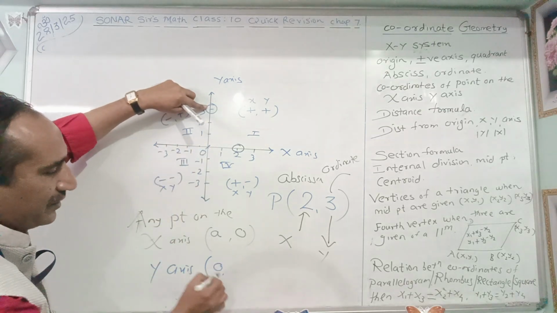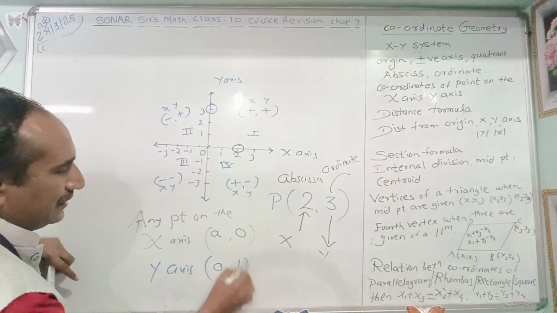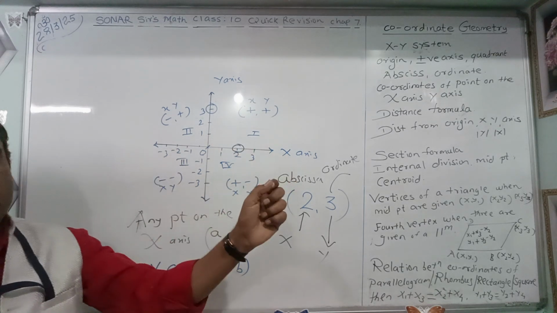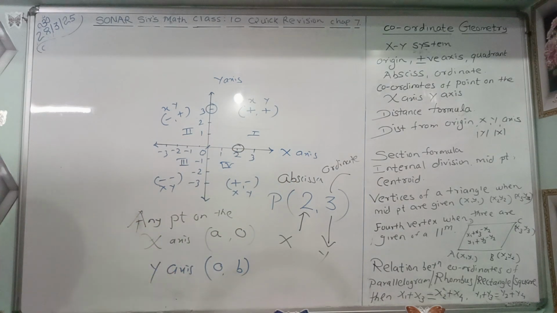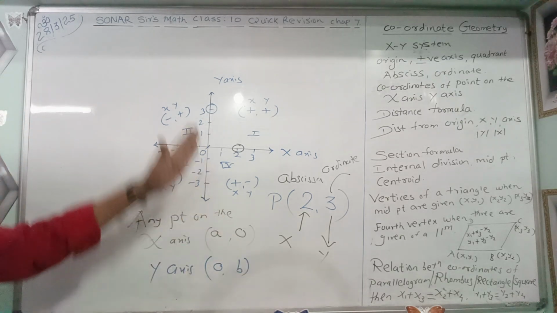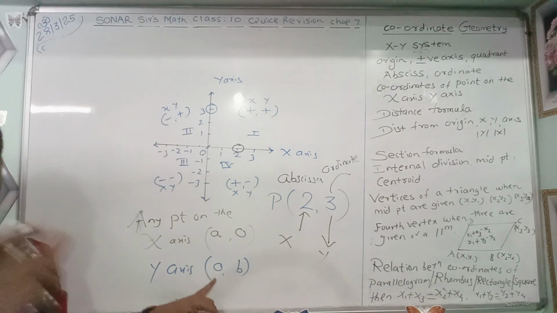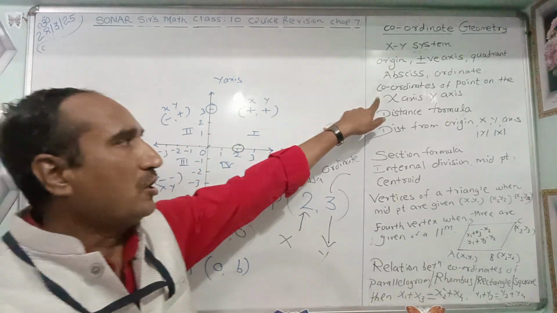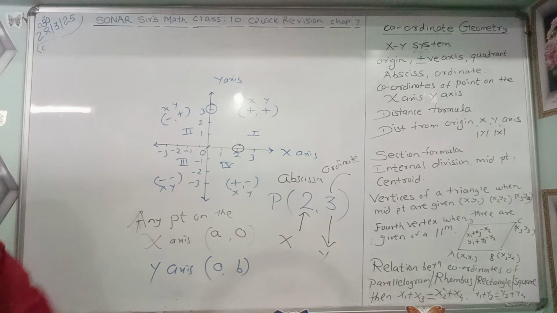The x coordinate becomes 0. So any point which lies on the x-axis has coordinates (a, 0), and any point which lies on the y-axis has coordinates (0, b). These are the coordinates of a point on the x and y axes.